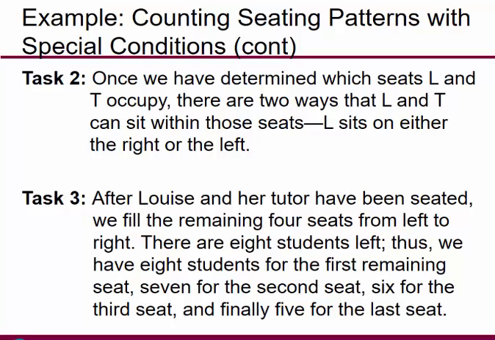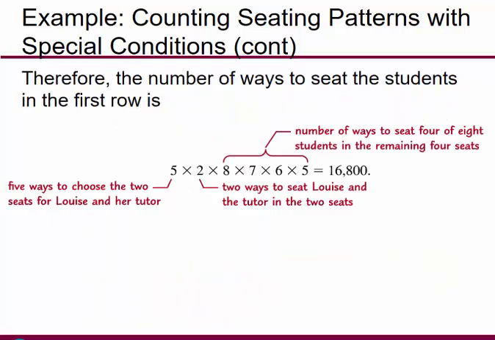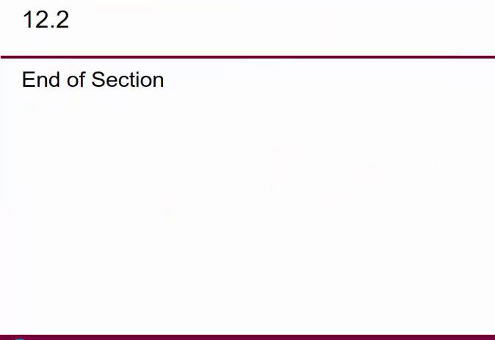There are 8 students left, thus we have 8 students for the first remaining seat, 7 for the second, 6 for the third, and finally 5 for the last. Therefore, the number of ways to seat the students in the first row would be 5 times 2 times 8 times 7 times 6 times 5, which is 16,800. And that's the end of section 12.2.